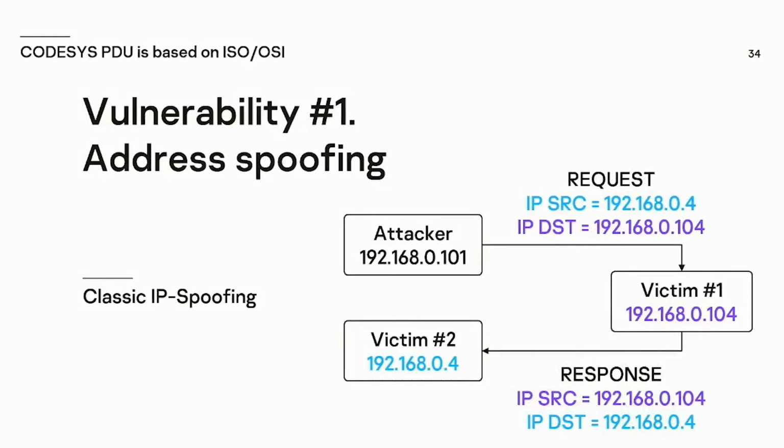First vulnerability is address spoofing. It is a very popular threat for the IP protocol.